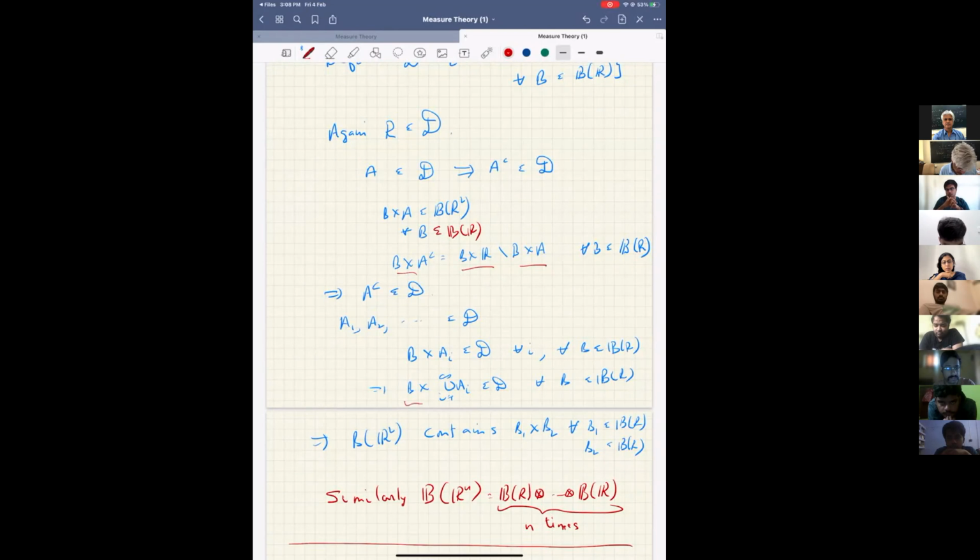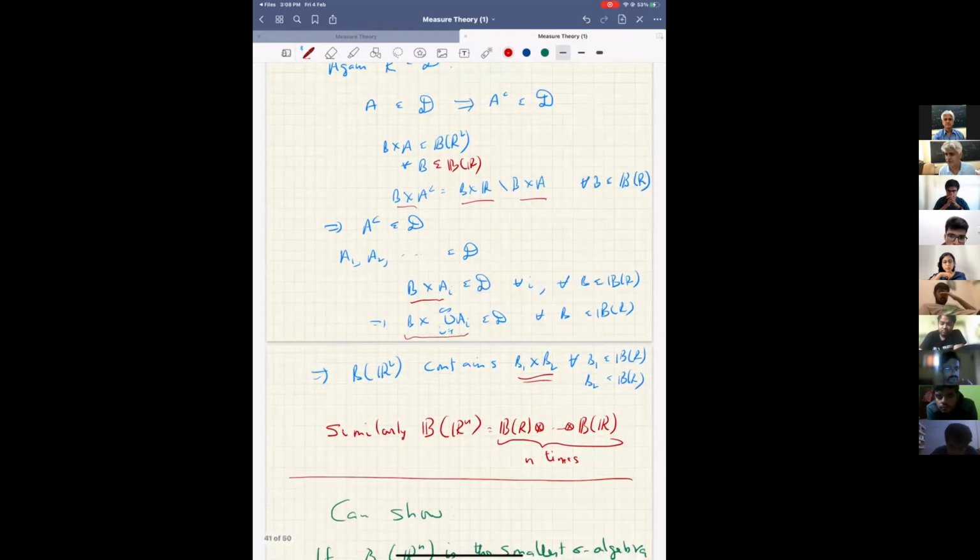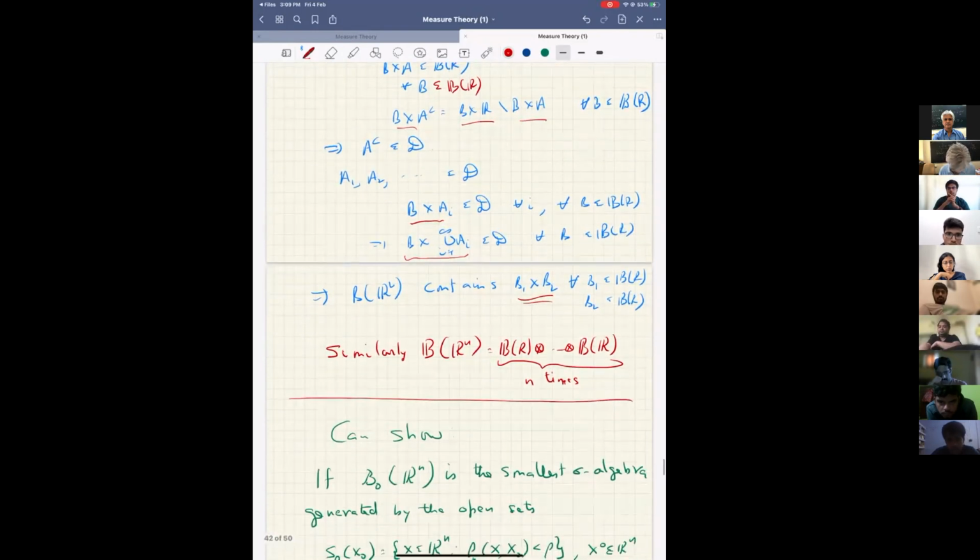This implies that, because a product set is basically an intersection of two sets, B cross the real line intersect with R cross Ai, B cross union of Ai is also going to be in D. So B(R²) contains B1 cross B2, and hence B(R²) is equal to B(R) cross B(R), the product sigma algebra corresponding to the sigma algebras on the two real lines.